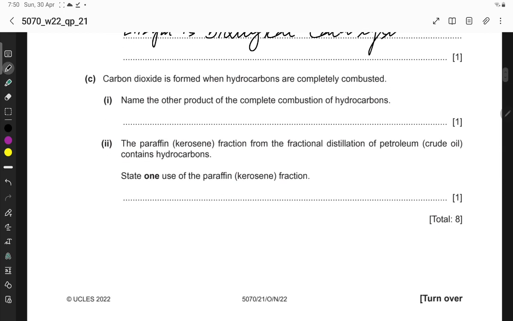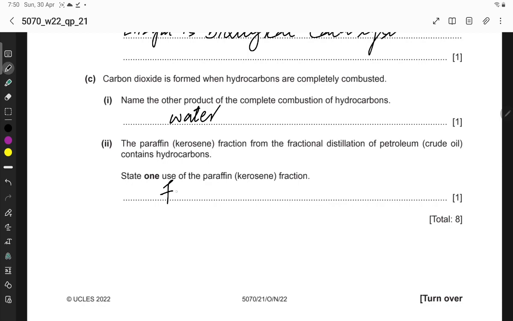Carbon dioxide is formed when hydrocarbons are completely combusted. Name the other product of the complete combustion of hydrocarbons, that is water. The paraffin fraction from the fractional distillation of crude oil contains hydrocarbons. State one use of the paraffin fraction.